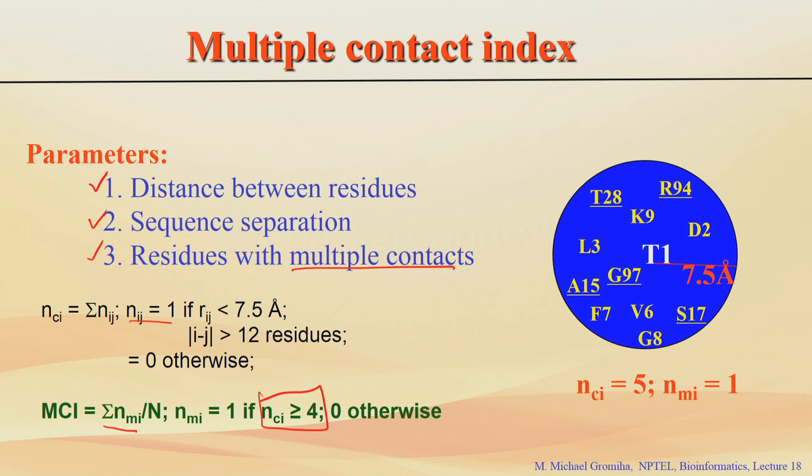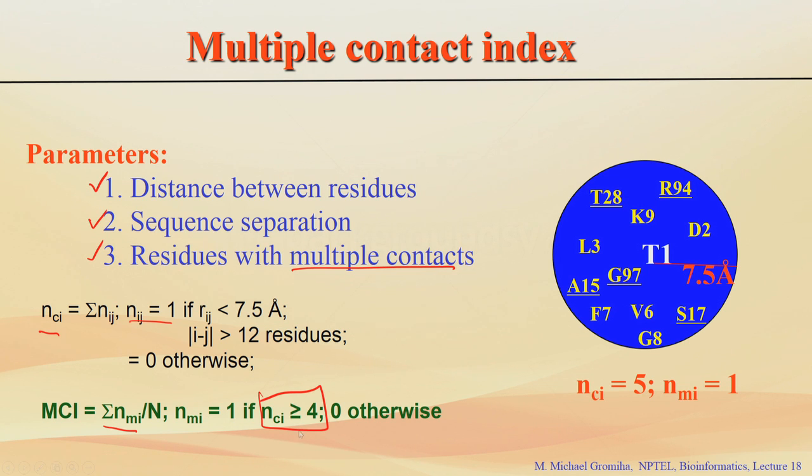A 2-step procedure, first we see the NCI, there is a number of contacts based on the same as long range order, here the distance is 7.5 angstrom and the same 12 residues, and then in the same case they see how many of them have more number of contacts, at least 4 contacts, then based on that they can calculate the multiple contact index.